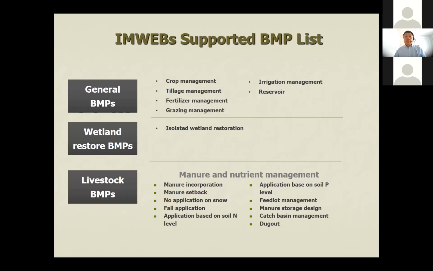Okay. So for the BMPs, we have right now about 36, close to 40 BMPs, and SWAT and also IMWEBs are in the same category. The uniqueness or strength of this type of model is that it makes the agricultural landscape very detailed.